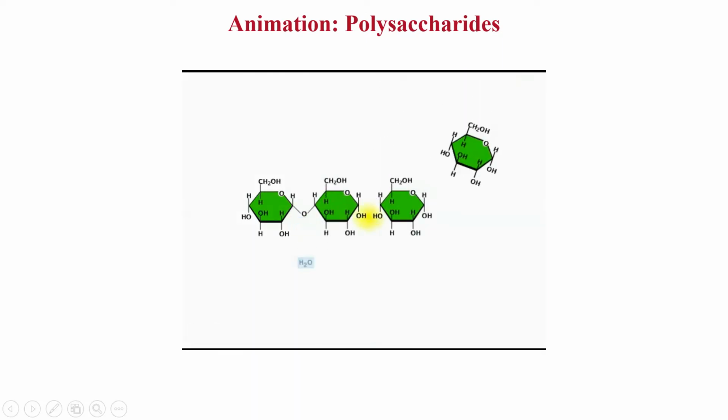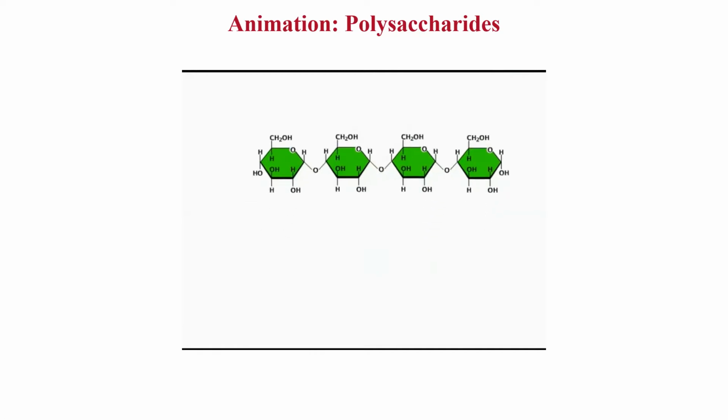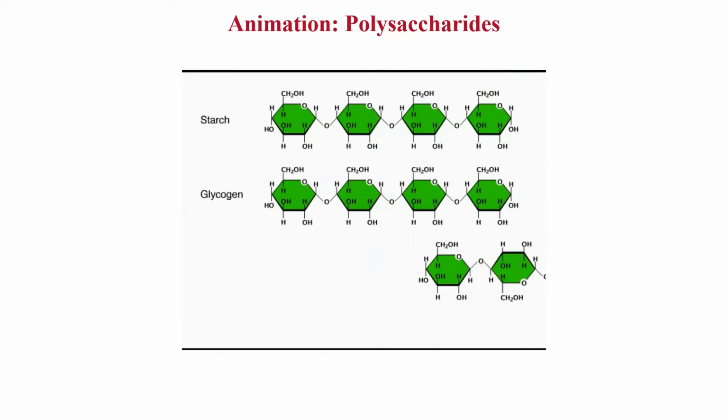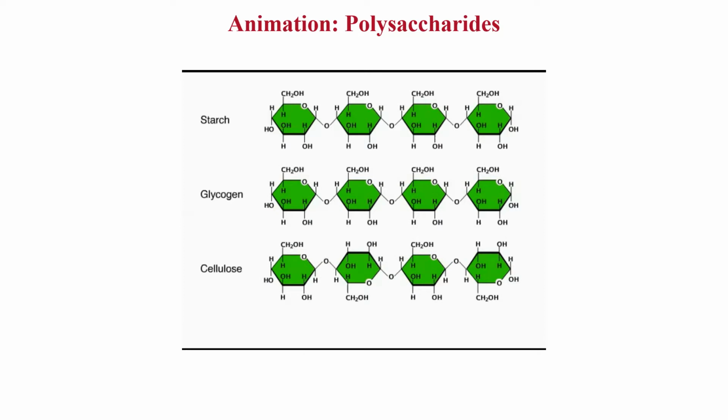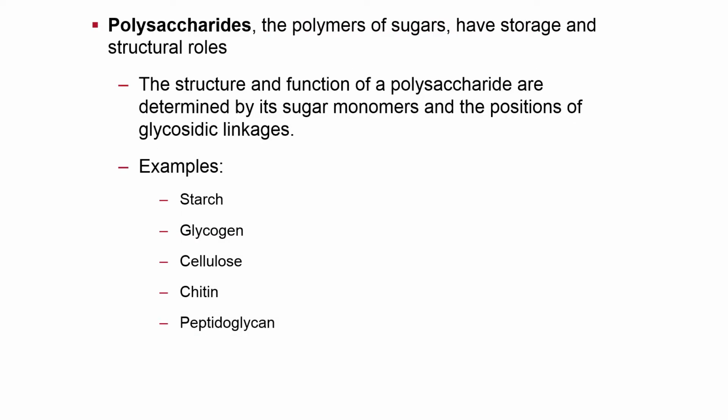Polysaccharides are polymers, long chains consisting of hundreds to thousands of linked monosaccharides. Looking at your polysaccharides, they are the polymers of your carbohydrates.